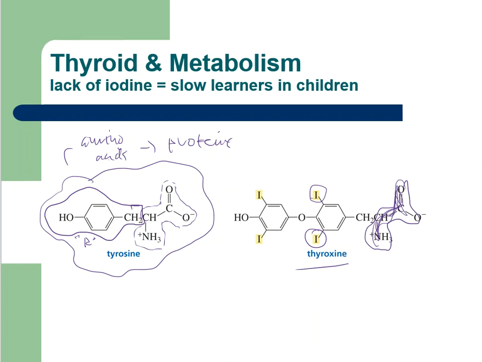So here is a way that we can kind of relate this to real life, and it's all tied to your metabolism and your thyroid. Not enough iodine? Folks, we get slow learners typically in children. So I've had plenty of people in the past that probably have had thyroid or lack of thyroid or lack of iodine in the classes that come through. No, I didn't say that. No, shame on me.